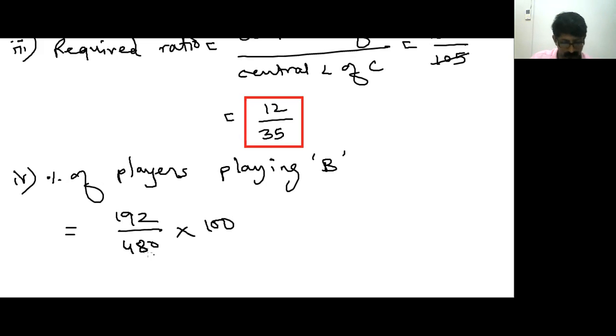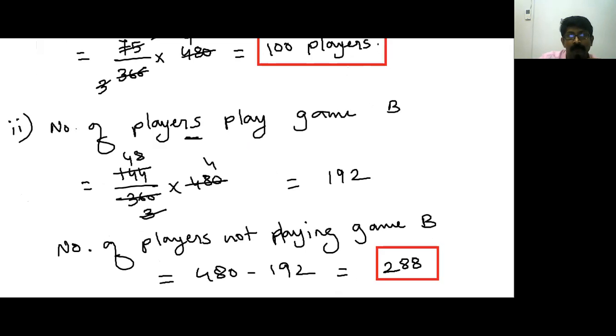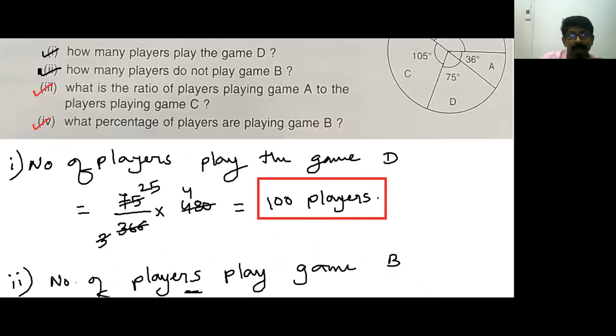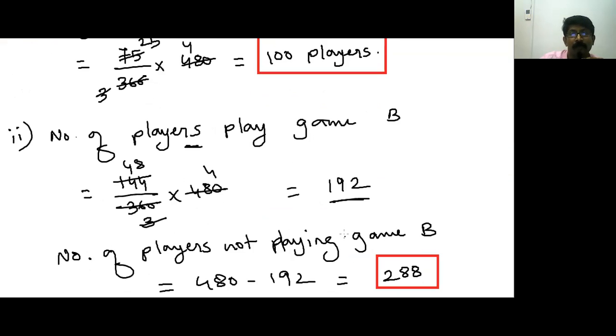Isn't it very simple? Okay, let me just check. Game B is played by 192, isn't it? What percentage of the players are playing game B? So 192 players are playing.